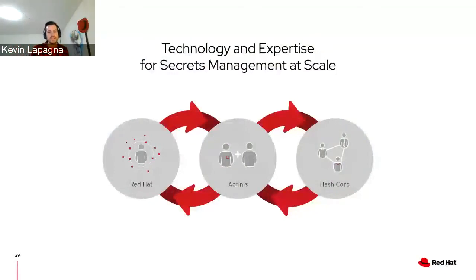All right, so as you can see, this trio that we presented here really helps you with technology and expertise for secrets management at scale. So that means from Red Hat, you get a container platform that basically breathes security through every fiber.